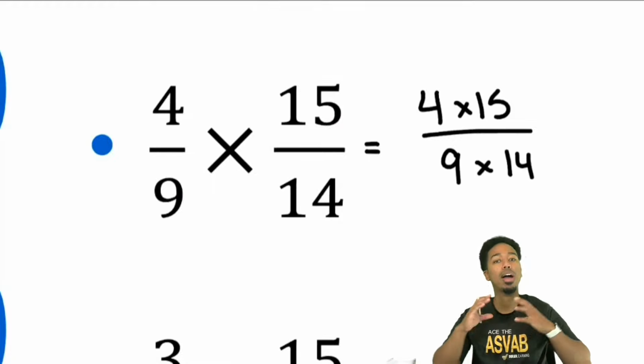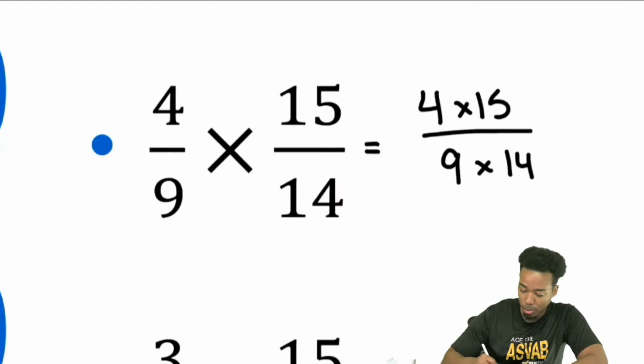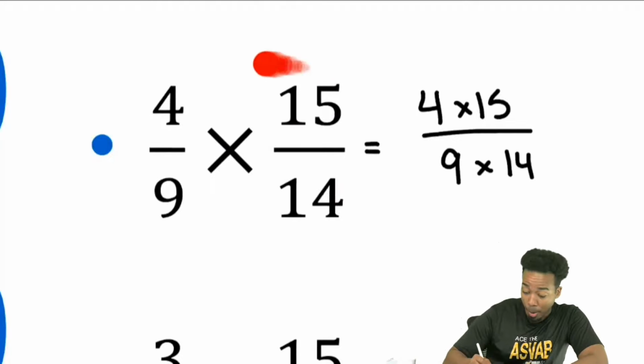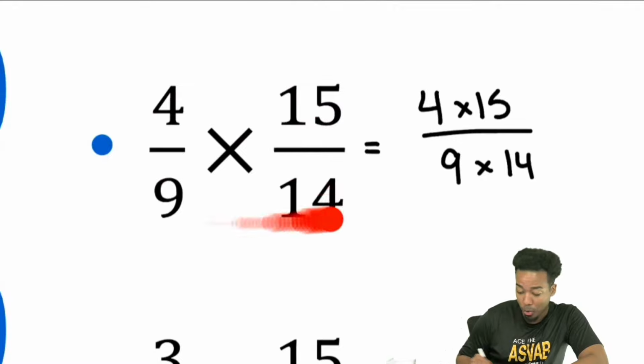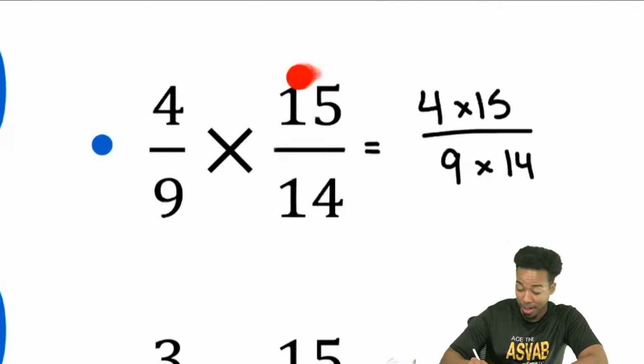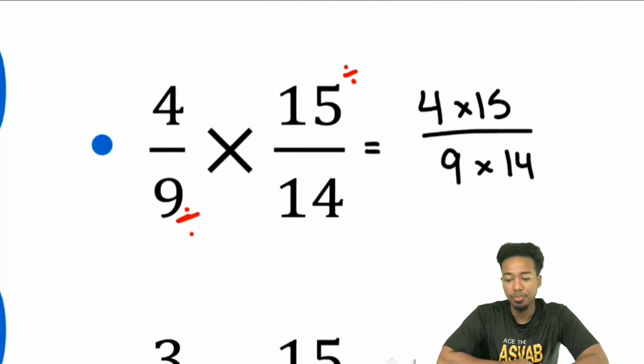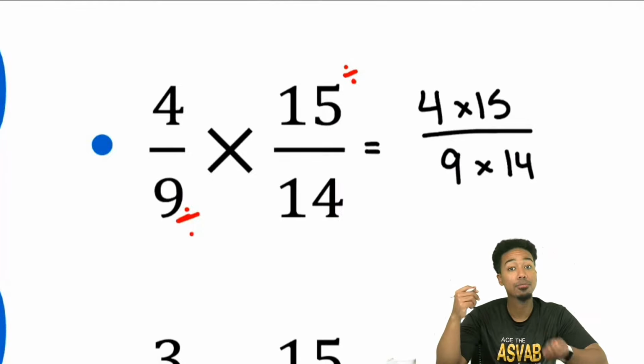So all I'm setting you up for by saying these things that you already know is that when you're multiplying fractions, both of these are on the top, both of these are on the bottom, as you can see. So you can simplify the 15 and the 9? Absolutely. Everyone, what goes into both 15 and 9? 3. You can divide a 3 from the top and from the bottom.